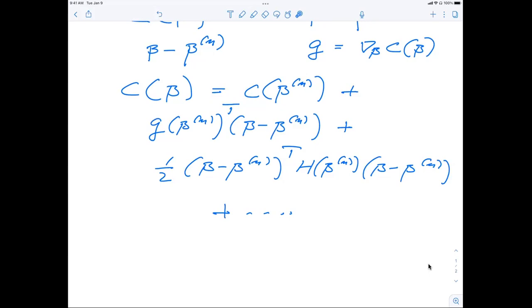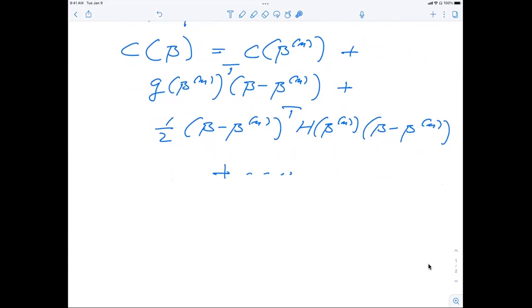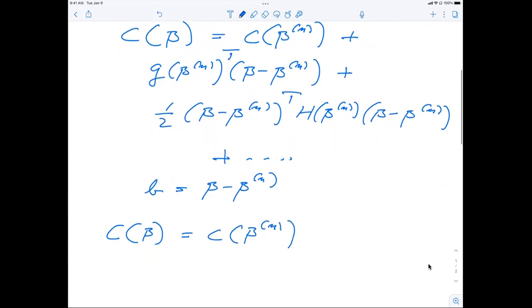So you could rewrite this. One of the things we did last time was actually to rewrite this in terms of a new vector, which we simply defined as a vector B, which was given by beta minus beta of n. And then we could rewrite everything in terms of C of beta. This is given by still the constant term. And then we would have the gradient.